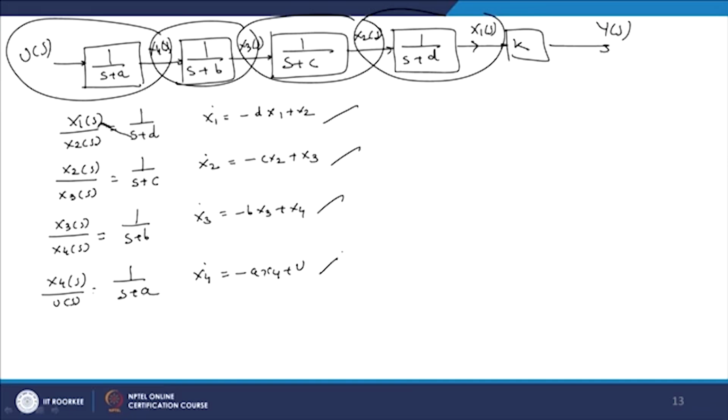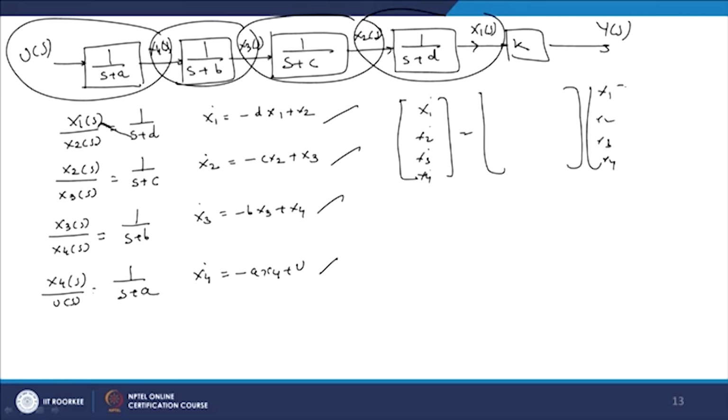Now we have to represent in a state space model. So how do you represent it? We have x1 dot, x2 dot, x3 dot, x4 dot equal to, x1, x2, x3 and x4, and this is the term for u.